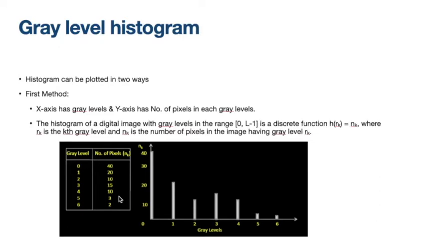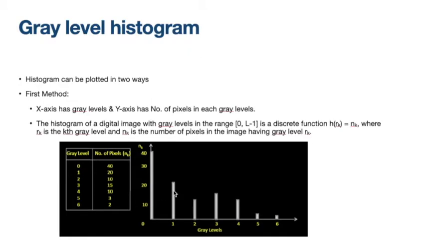The histogram of a digital image with gray levels in the range 0 to L minus 1 is a discrete function h of rk equal to nk, where rk is the kth gray level and nk is the number of pixels in the image having gray level rk.